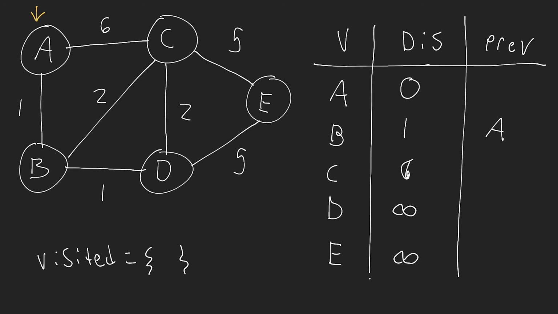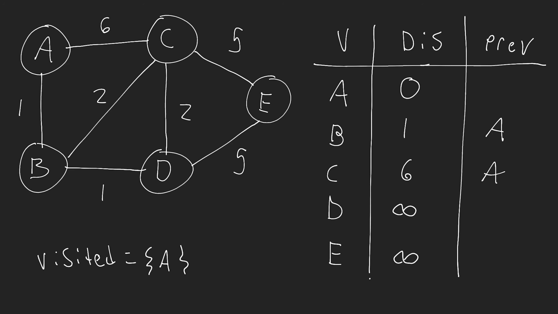So we update that distance, let me just write my 6 a little bit better here, inside of the table. And then same thing, we mark the previous node to get to C as A. Great. So now we have no more neighbors from A. So what we do is we insert A into the visited set, and we mark that, okay, we're done with A. We've already traversed through its neighbors.